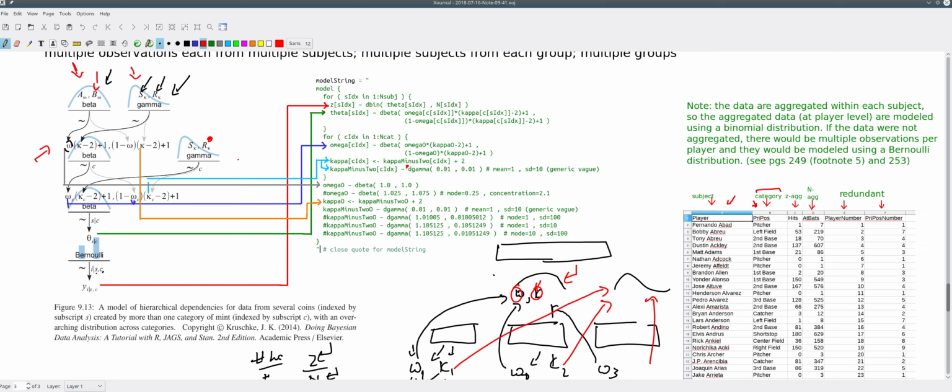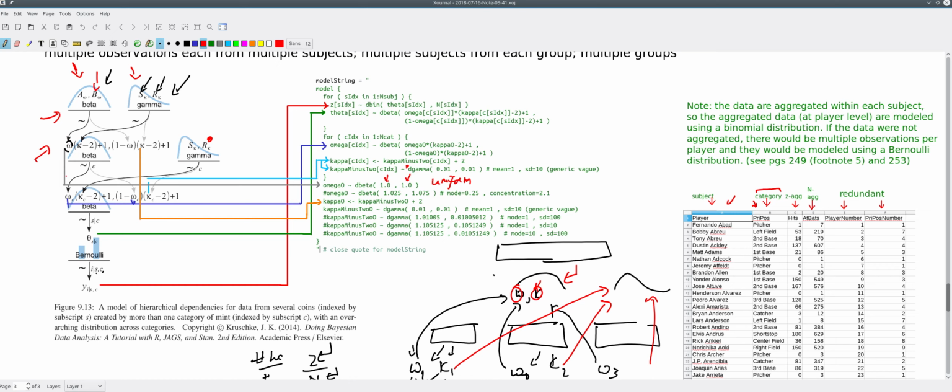And then this omega 0, which is the high level thing, is modeled as a beta function. And note that we are using the shape parameters of 1 and 1, implying that we are using a uniform distribution. That is, we are using a very diffused prior on the category level omegas.